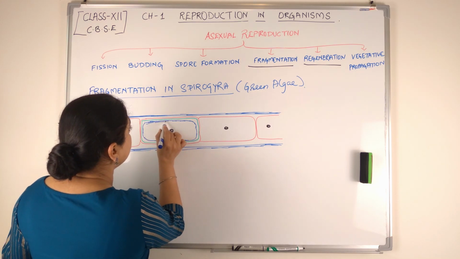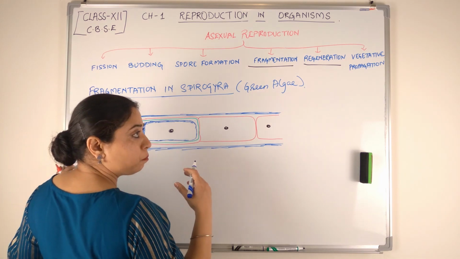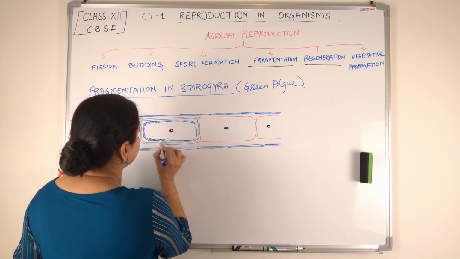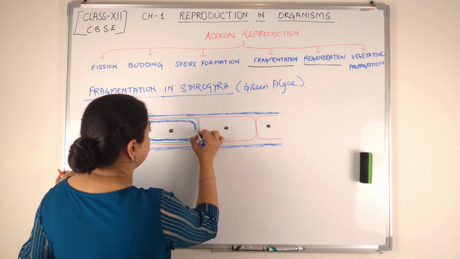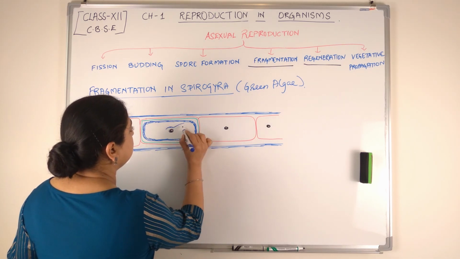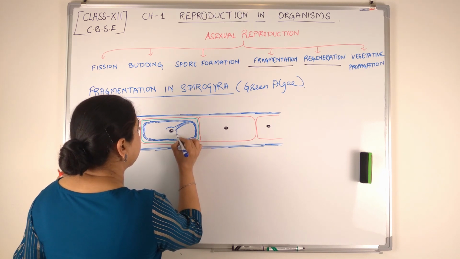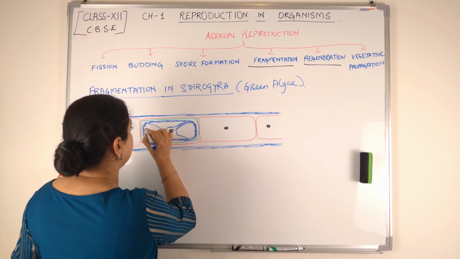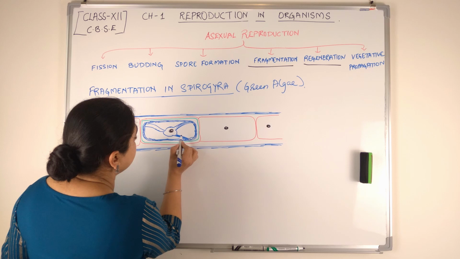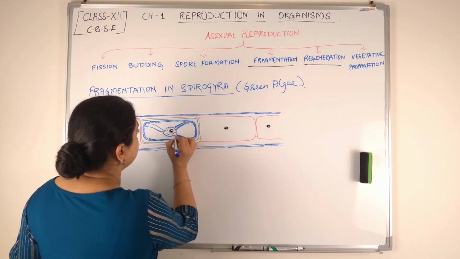The cytoplasm in Spirogyra is present in the form of strands, the spiral strands, somewhat like this. So this blue part inside is the cytoplasm.